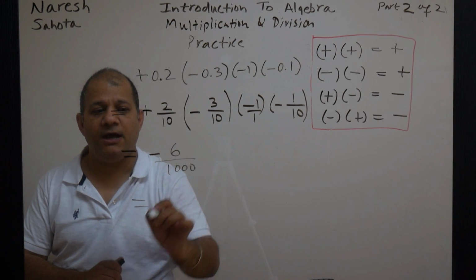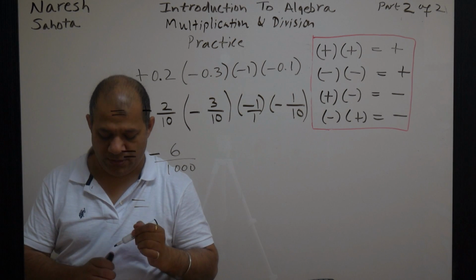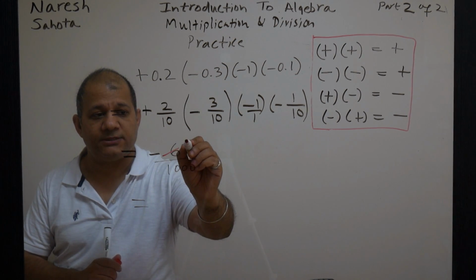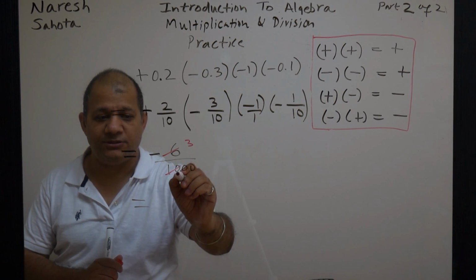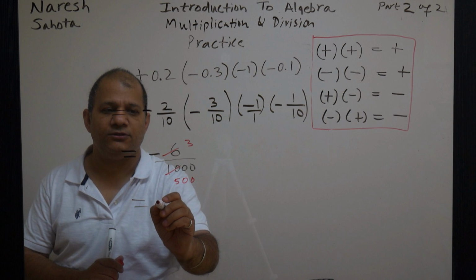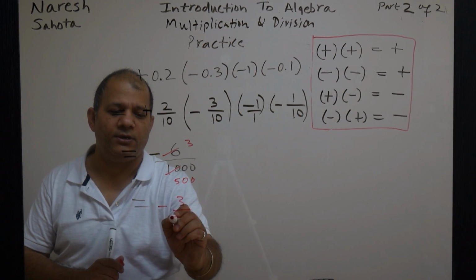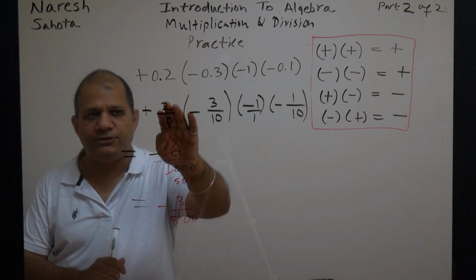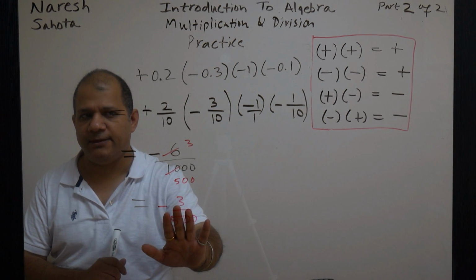All right, so now I can reduce this. I know that 2 goes into 6 3 times, and 2 goes into 10 right here 5 times. The 2 zeros will get carried, so the answer is negative 3 over 500. So that's the final answer. Notice if I had reduced it here, then I wouldn't need to reduce down here.